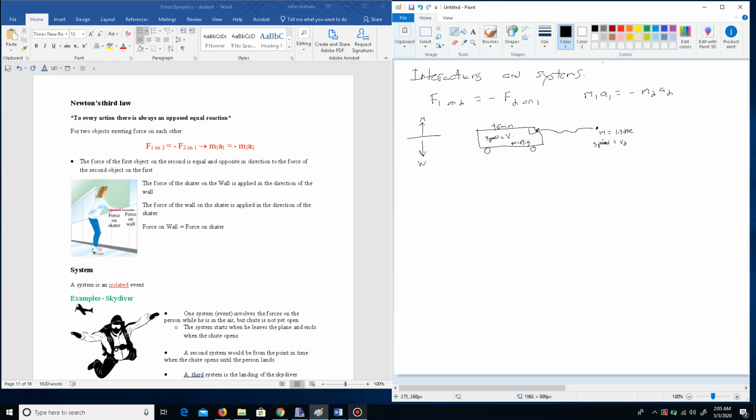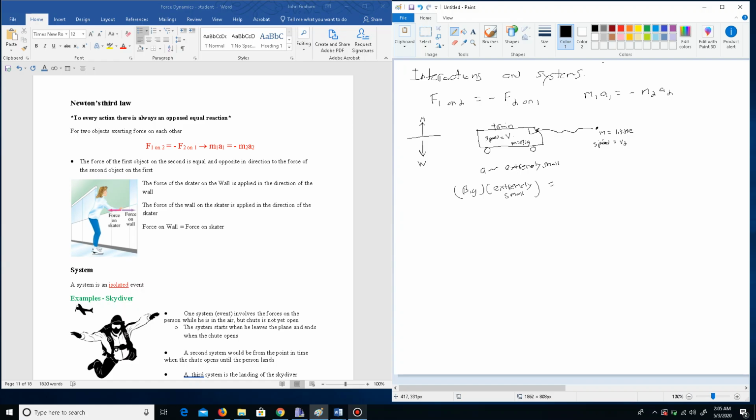Probably need super, super high-tech equipment to actually find that acceleration. So the acceleration will be extremely small. So we're looking at the mass is big for the train times extremely small acceleration.